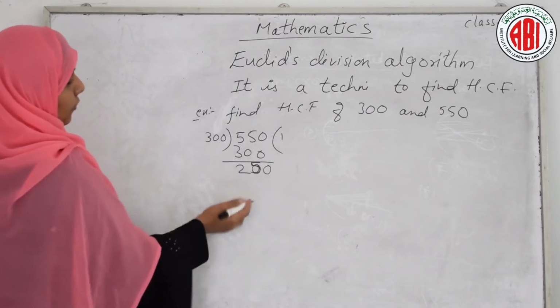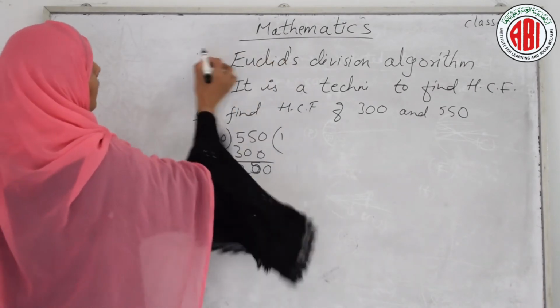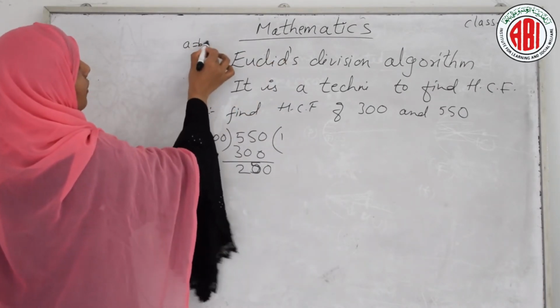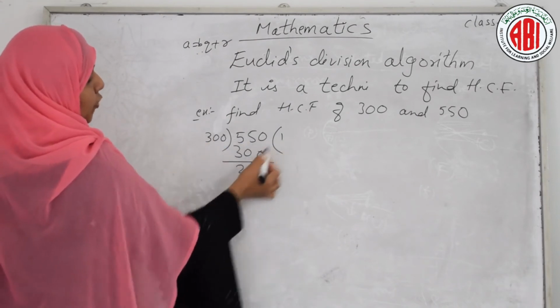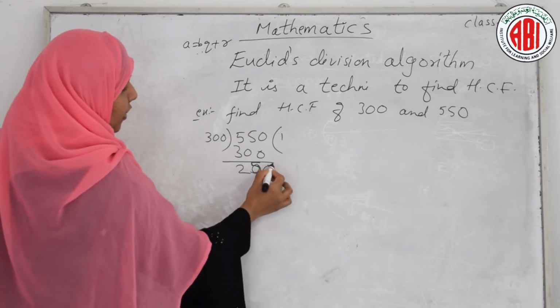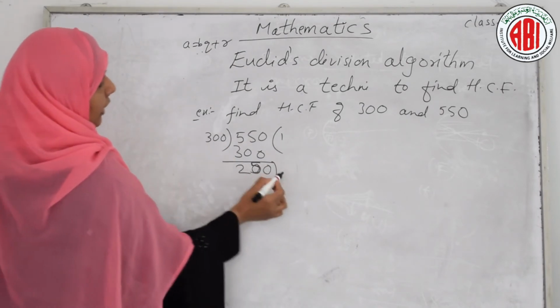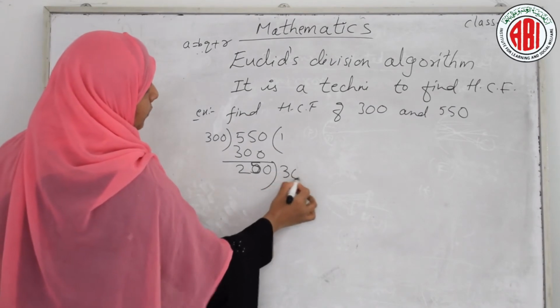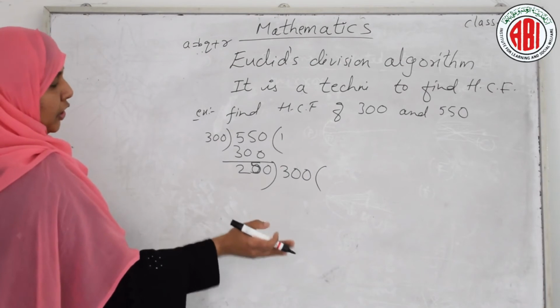Now here this is A, this is B. Using the method A is equal to BQ plus R, this is A, this is B, this is Q, this is R. Now to find the HCF, we make this remainder the divisor, and this divisor we make the dividend. We have to continue the steps till we get remainder 0.